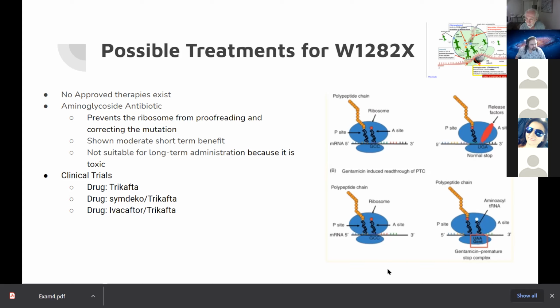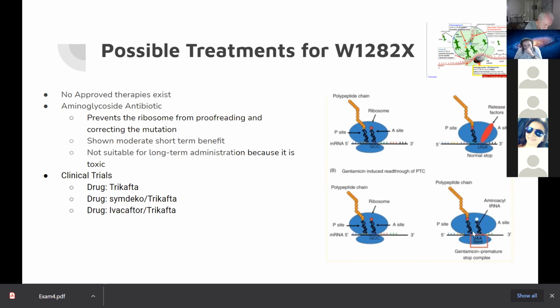And in these two pictures, we see that the gentamicin is combined with the mRNA ribosome complex, causing a conformation change that leads the ribosome to miss the mRNA stop codon, resulting in a near-cognate tRNA binding, thereby avoiding premature termination.